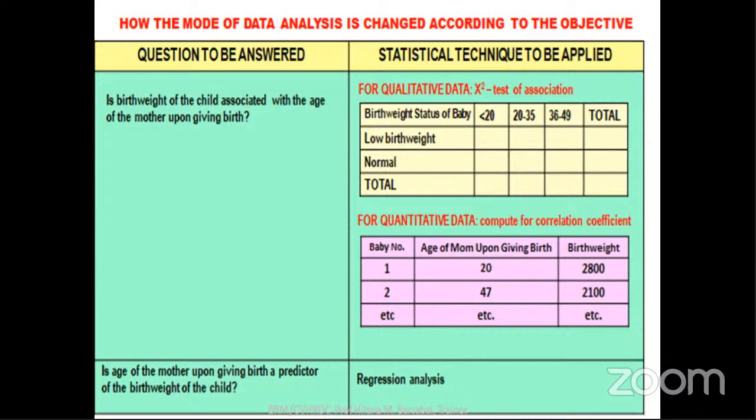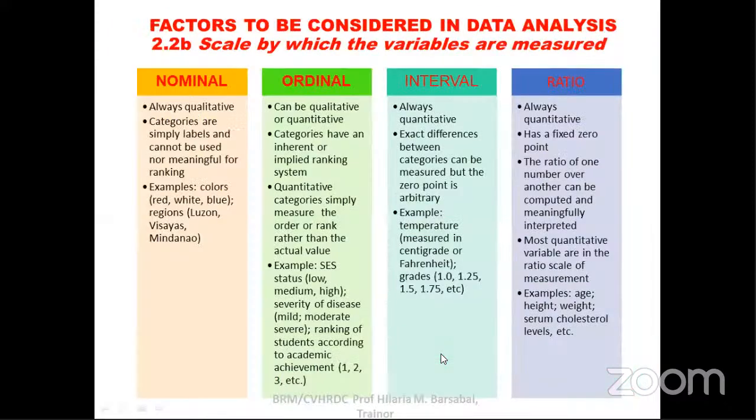In this case, you will analyze the results using regression analysis. Age lang naman siya, so simple regression lang yan. So only one predictor variable, which is just a simple regression. All right? Are you there? Is there any question? So you just tell me if you have questions.